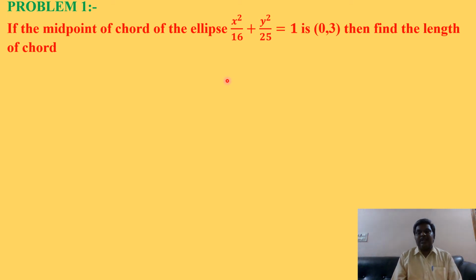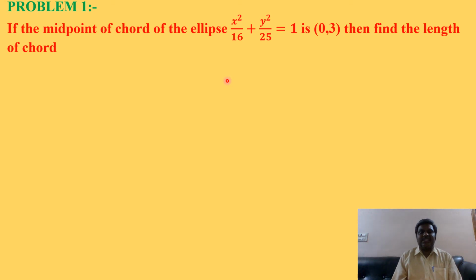From the previous theorem, can you write the equation of chord or not? We can easily write the equation of the chord by using the formula S1 is equal to S11. Once you know the chord equation and ellipse equation, it is easy to find the point of intersection. Once you know the point of intersection, these are the ends of the chord. Once you know the ends of chord, can you find its length or not?